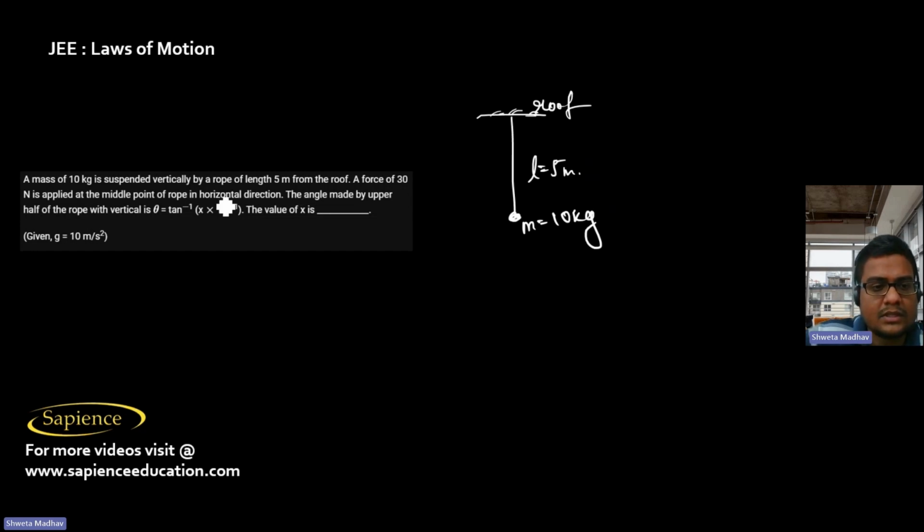Now a force of 30 Newton is applied at the middle point of the rope.